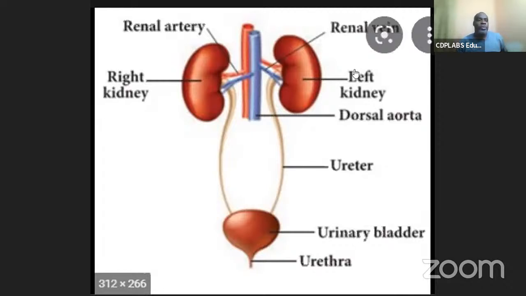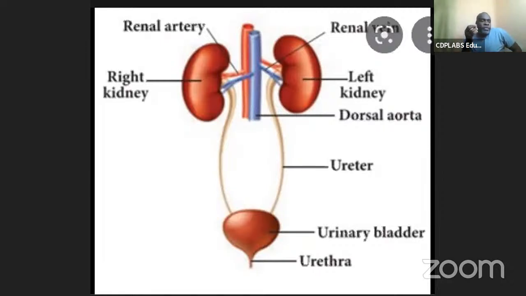Now, the tubes, which are the ureters, are narrow for a reason. Because when something is narrow, the speed at which the fluid passes is even greater. The pressure is greater. But now, there's a reason why I have the renal artery and the renal vein. One of them is carrying blood from another area of your body, and one is carrying blood back to another area of the body.